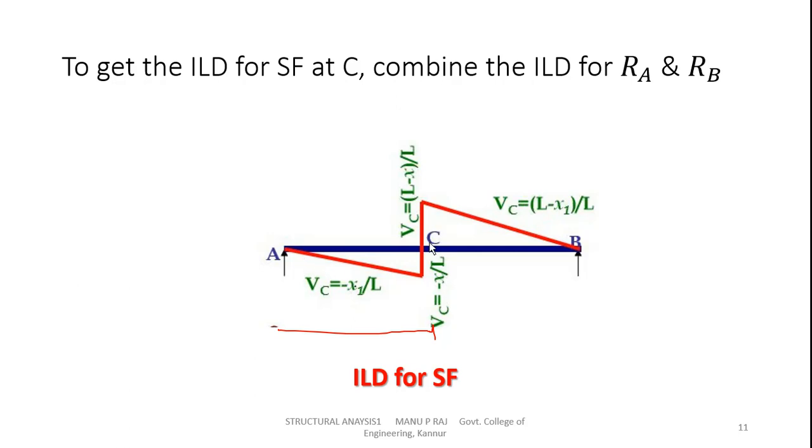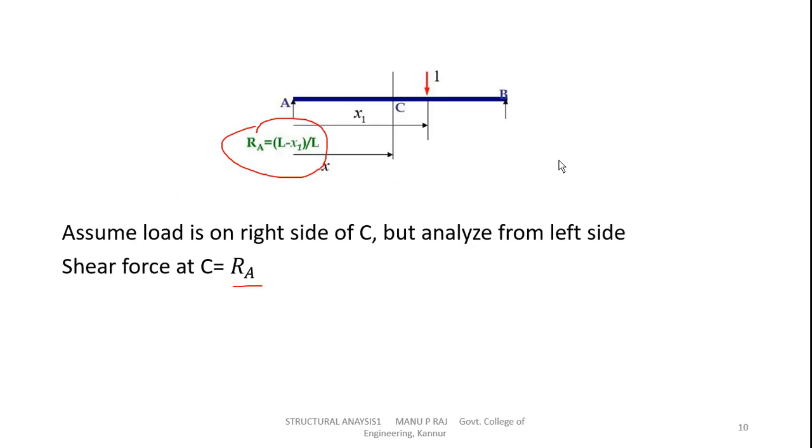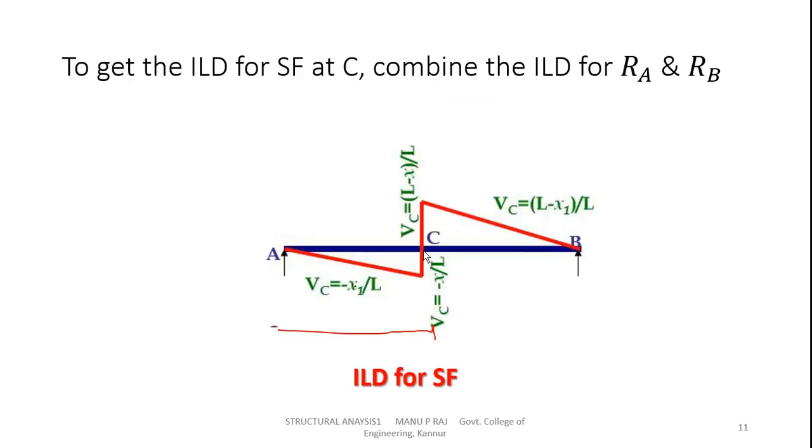The magnitude of RB will be x by L. The ordinate of RB will be x by L, so we'll draw like this. This is x by L, a negative value, and we will get a triangle.